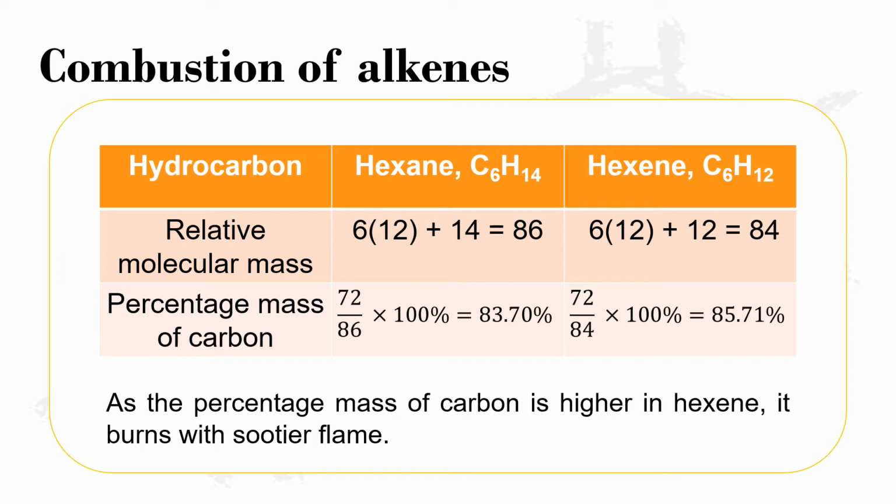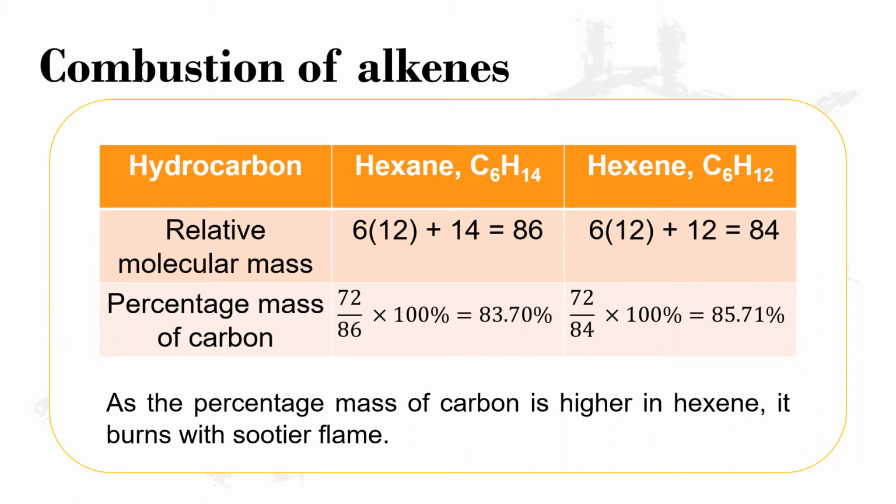So just take the molar mass of the carbon atom. There are six carbon atoms, so 6 times 12 over 86, which is the relative molecular mass, and you will obtain 83.7% for hexane. And for hexene, you get 72 over 84 times 100%, and you will get 85.71%, which is a higher percentage mass of carbon than hexane.